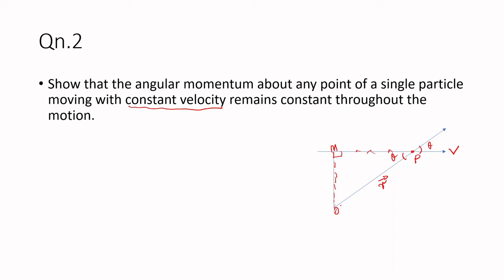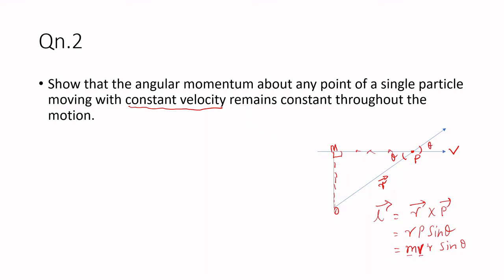When we find the angular momentum, L is R cross P, or it is Rp sine theta. P is nothing but mv, so this can be written as mvr sine theta. Now mass is a constant for the particle. V is also constant, as the question says.